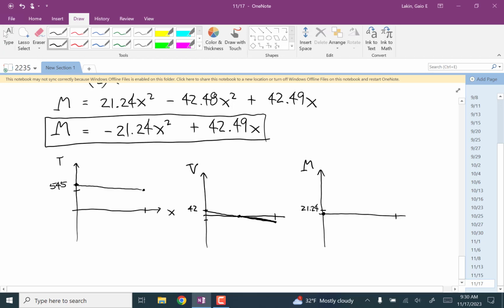And if you plug in x equals 2, you get 0 again. This is a very small parabola.